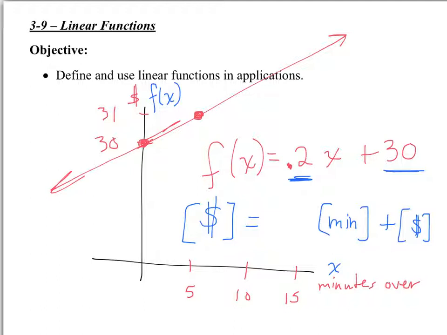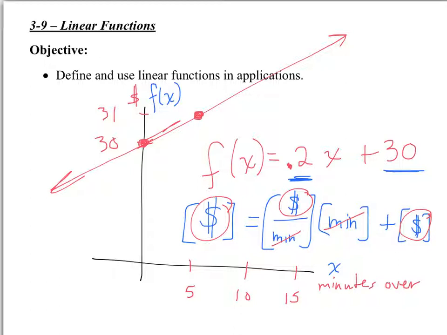If I think about this, and I have minutes here, this has to be dollars per minute, because the only way these units are going to work is if these minutes cancel, giving me dollars plus dollars equals dollars. You were on the right track. It is cost per minute over, but the units are dollars per minute.